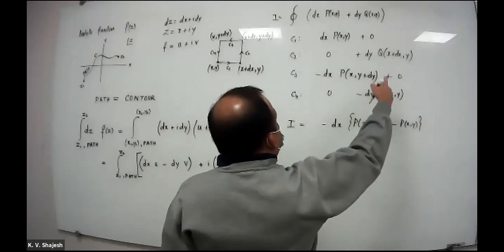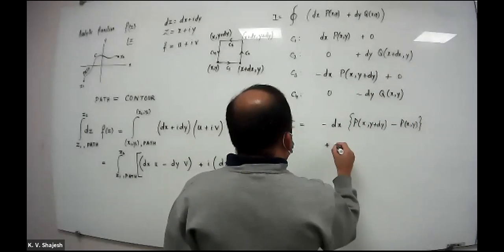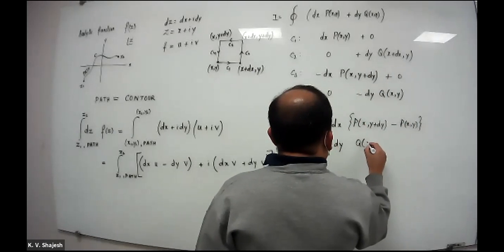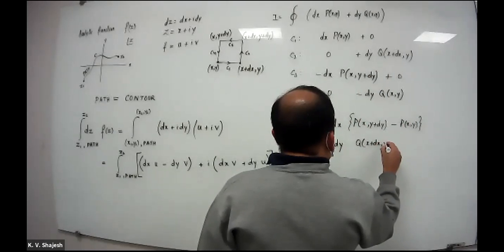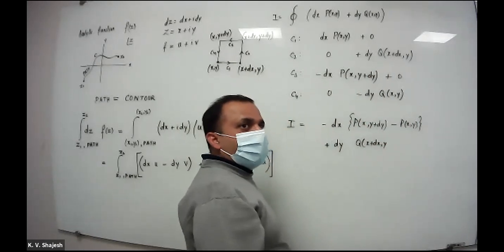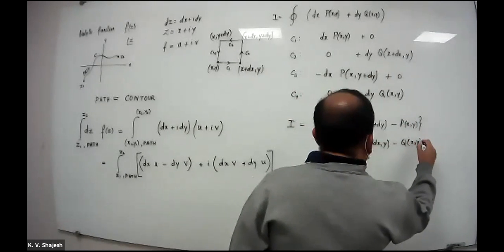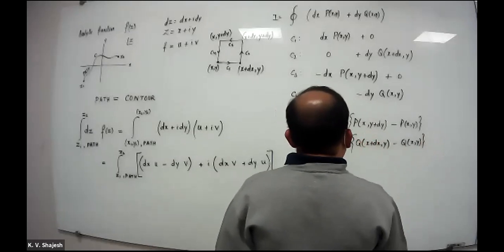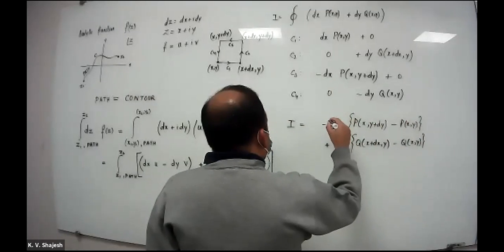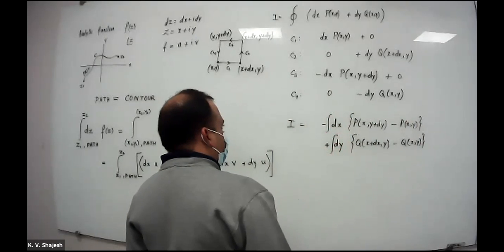And this one is plus dy times q of x plus dx comma y minus q of x comma y. And these are integrals if you want. This is an integral and this is an integral.